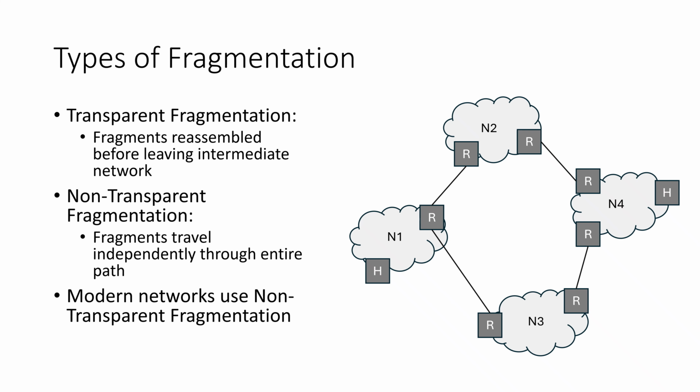So there are two types of fragmentation approaches used in network design. One is transparent fragmentation, in which packets are fragmented at the entry router of a network and reassembled before exiting. The other is non-transparent fragmentation, in which packets are fragmented wherever needed as they travel through various networks.